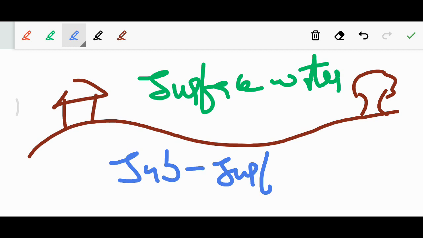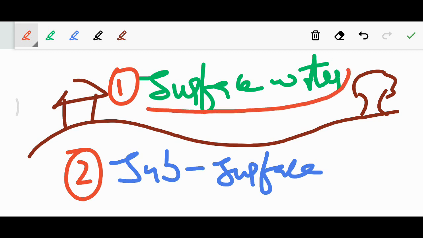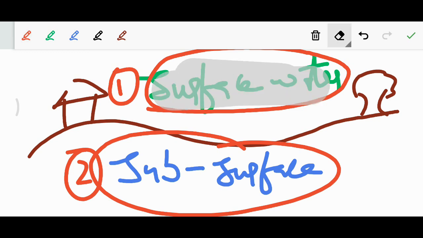Easy to remember. First one is surface water, second one is subsurface water. Okay, so now what are the water sources in surface and what are the water sources in subsurface? Let's see.